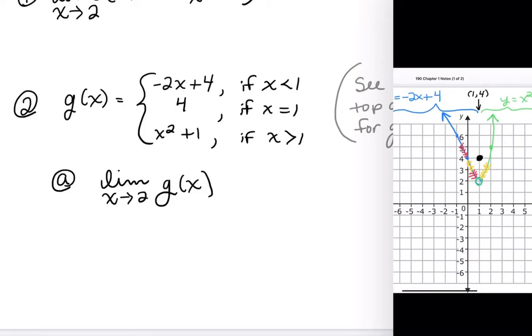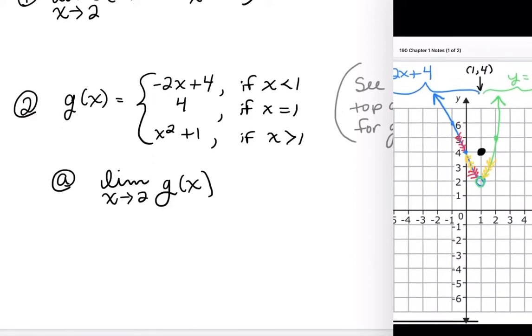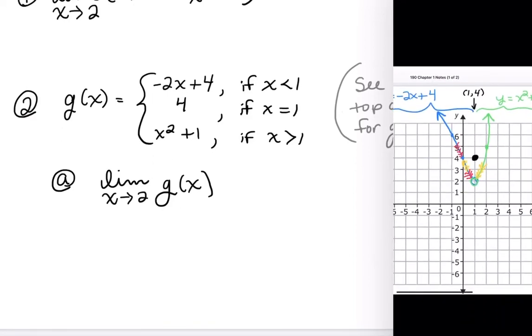It's a line before 1, it's a parabola after 1, something weird happens at 1, maybe we can see what it looks like, but we just kind of need to have that mental idea in our head, even if we don't have a perfect picture of the graph. So on something like this, we can still use direct substitution because I'm not looking at the limits as x approaches 1. That's going to require us to delve a little deeper. But in this case, I'm good.